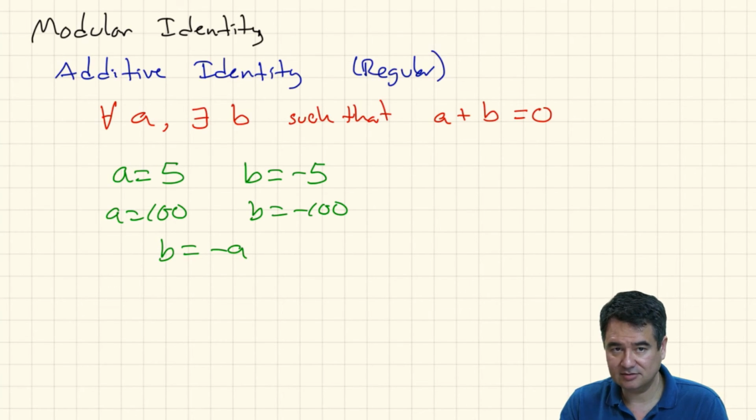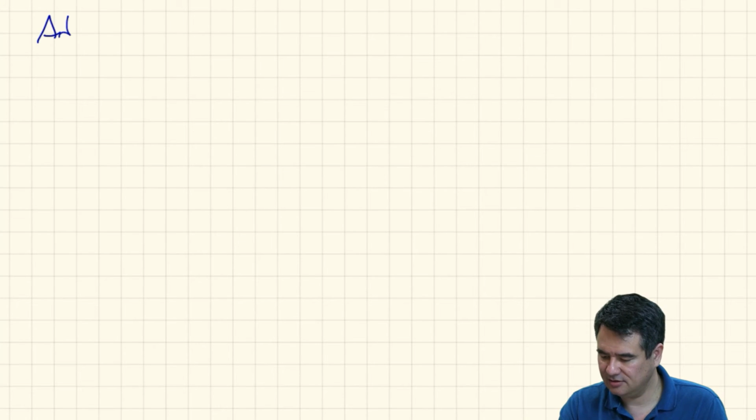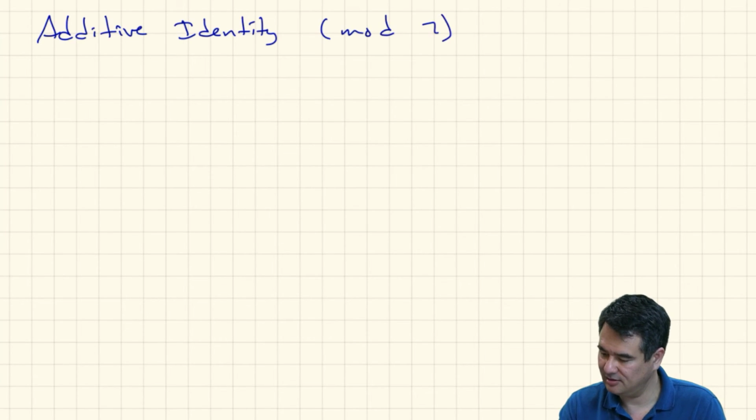What about, so let's switch to a new screen. What about additive identity under, let's say, mod 7? Could be mod anything. Well, let's do mod n. Okay, so it's the same sort of thing.